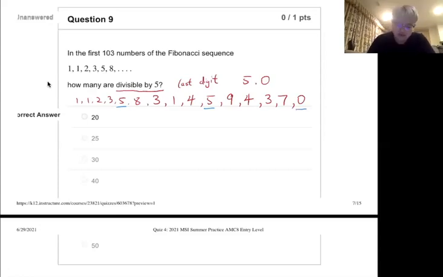So with these patterns, we can see that every 5 numbers, one number, the 5th one, is divisible by 5. So we have in total 103 numbers. Divided by 5, we get 20, with a remainder of 3. So that gives us the correct answer, 20.